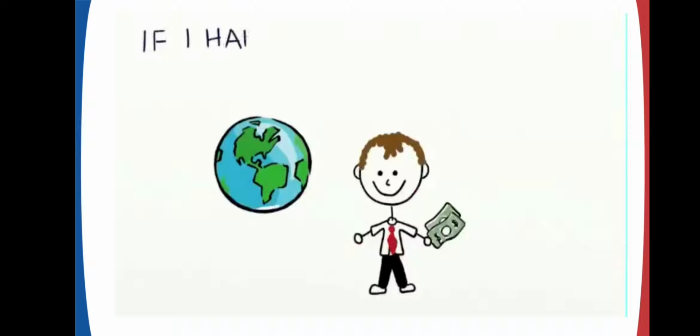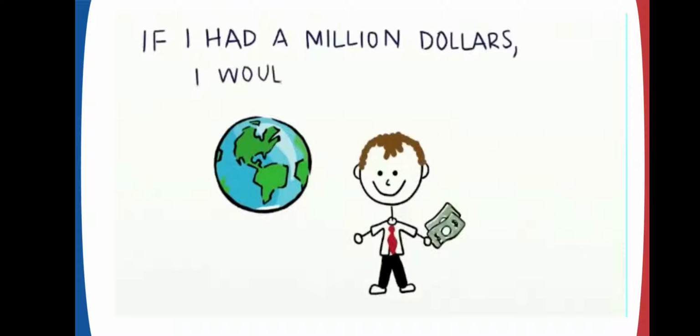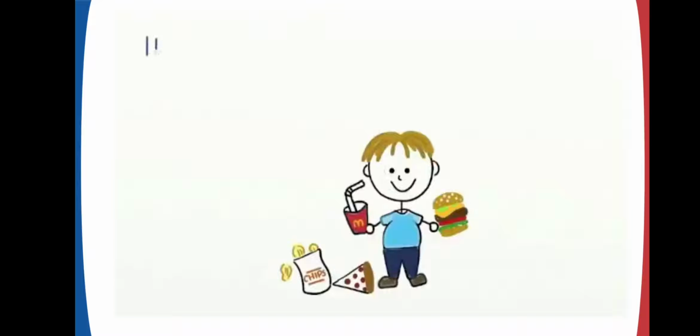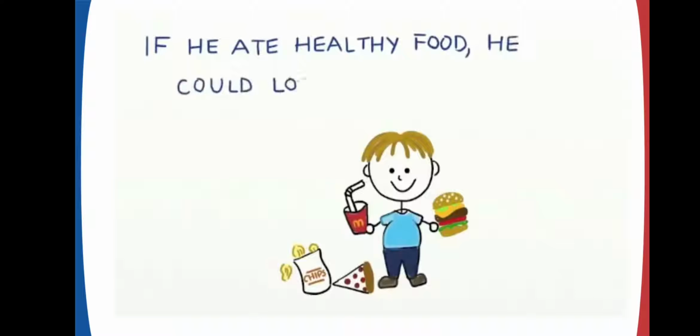Let's practice. If I had $1 million, I would travel around the world. Here we use the past tense of have, which is had, the modal verb would, and the base verb travel. Let's look at another example. If he ate healthy food, he could lose weight.